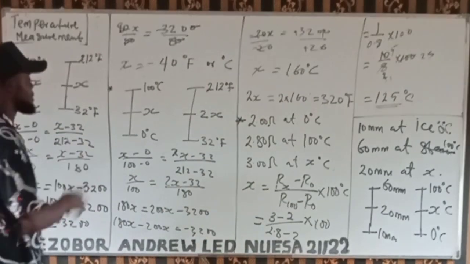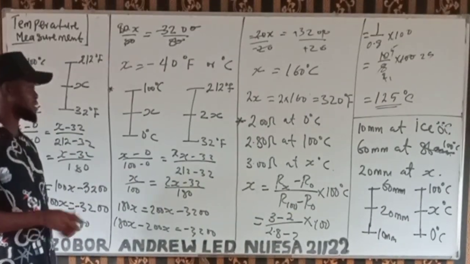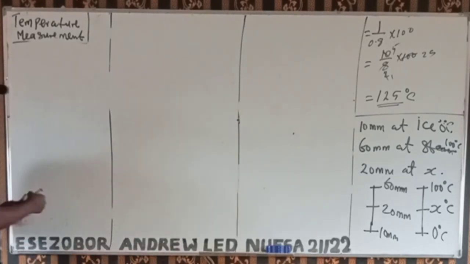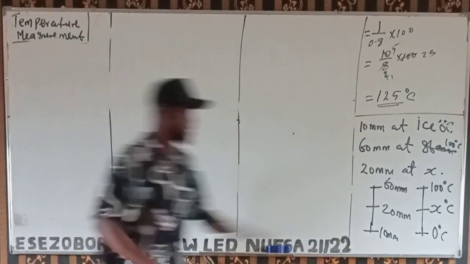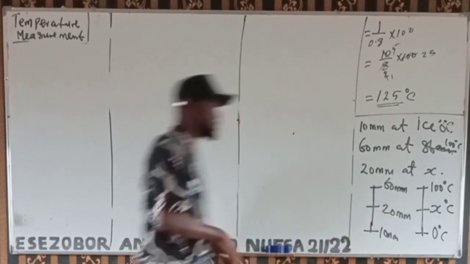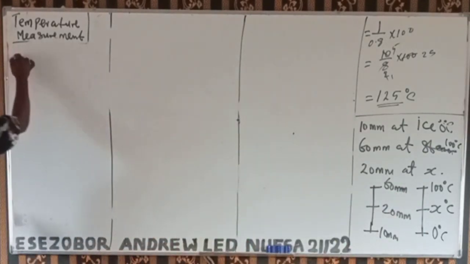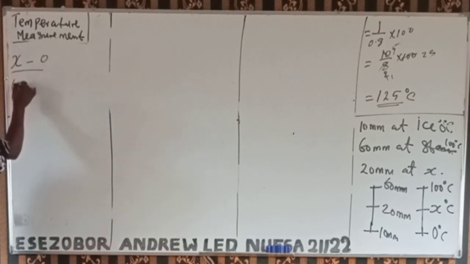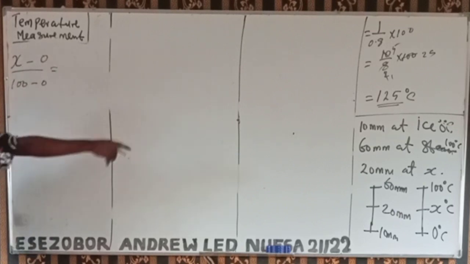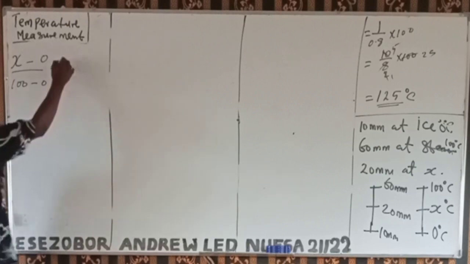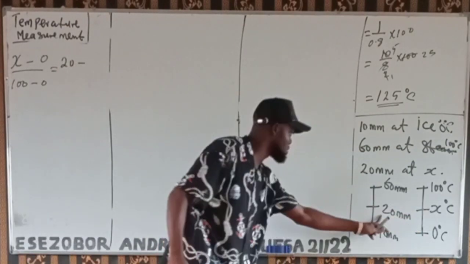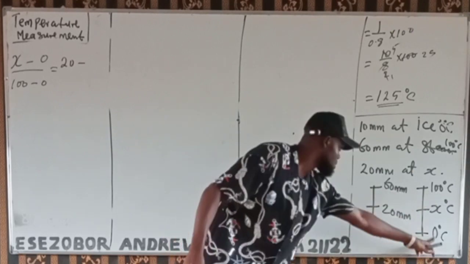So let's clear this board now and rectify this issue. Let's use this side. You take the unknown, which is x, minus the lower fixed point, over the other number minus the lower fixed point. Take this first one now. What corresponds to s there? 20 corresponds to s. So we have s here and 20 here, we have 100 here and 60. 0 corresponds to 10.